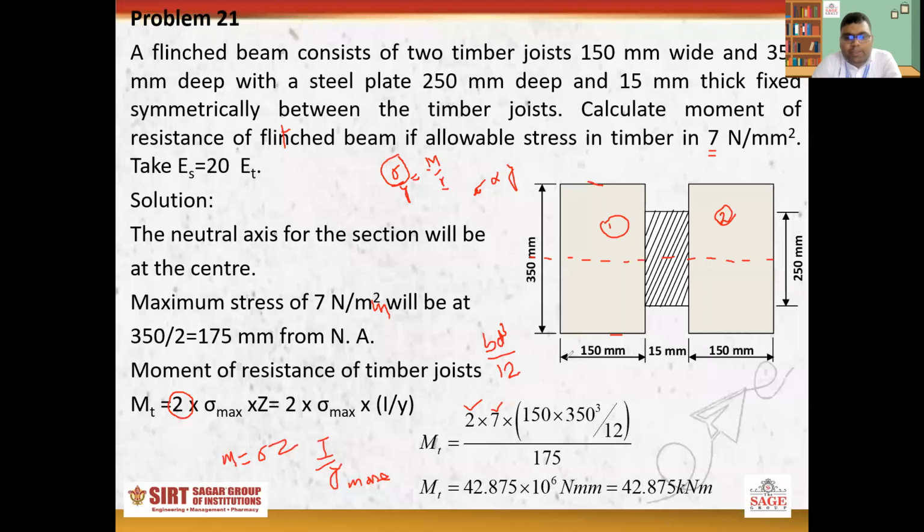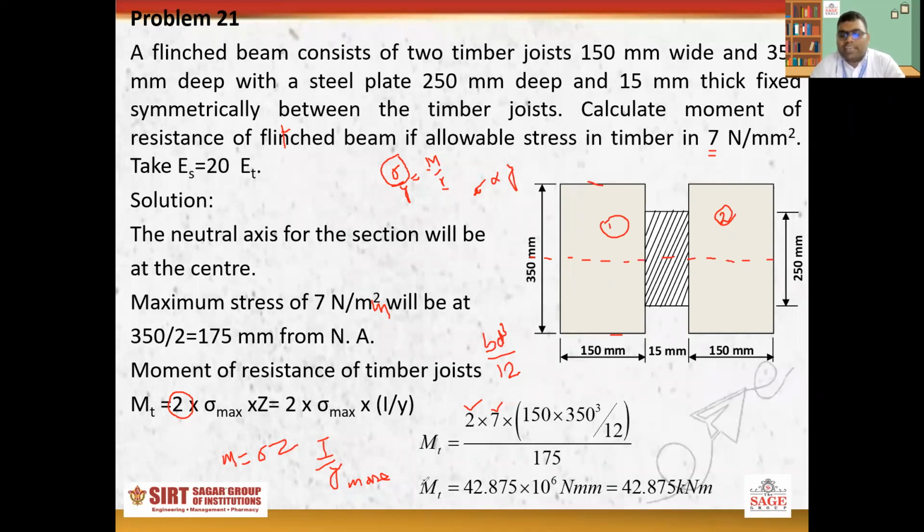And how much is b? b is 150 and d is 350. So put in the respective values, 150 into 350 cubed by 12, and y max in this case is half of 350, so it would be 175.